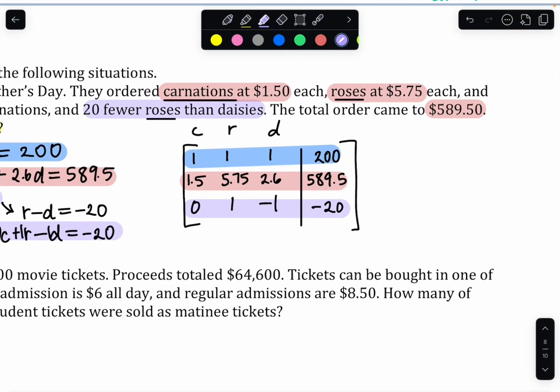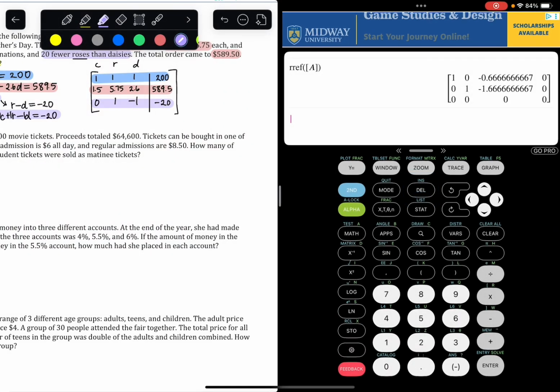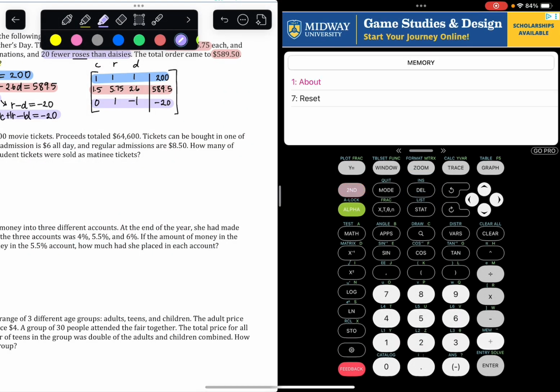Okay, and now we can put this in our calculator. Your first step, second matrix, go over to edit, choose option 1. This has 3 rows, 4 columns, and then we enter 1 row at a time.